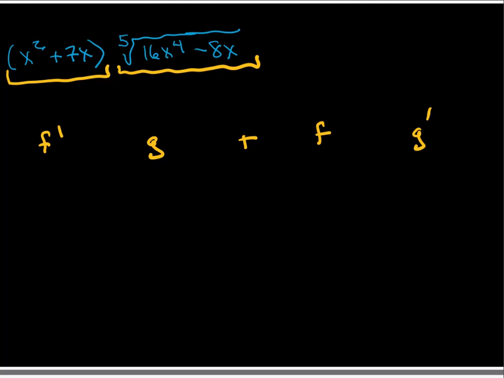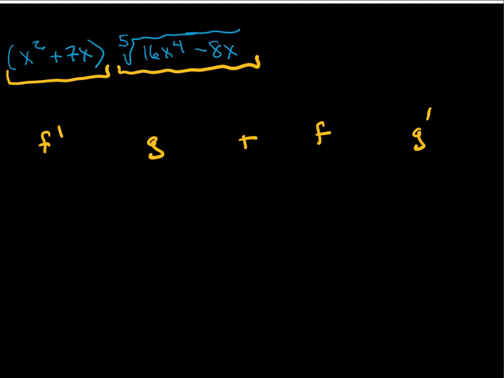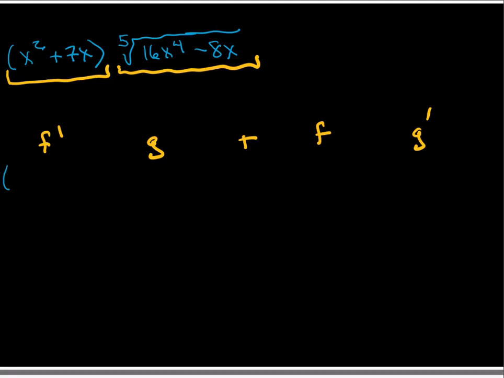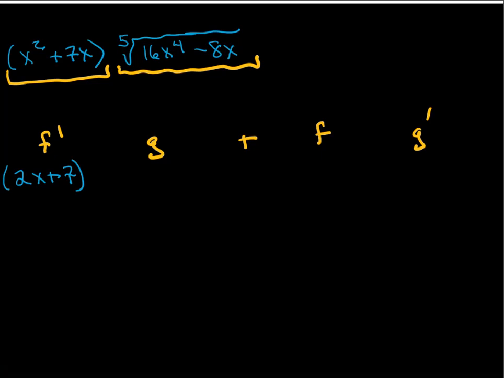And now we're just going to take it piece by piece by piece. F prime, well, that's pretty easy. That's 2x plus 7. G. I'm going to rewrite this a little bit because looking down toward the end of the thing, I've got to take its derivative. So I'm going to put this in a format that's easier to deal with when it comes time to take the derivative.